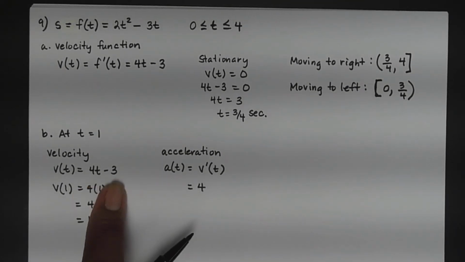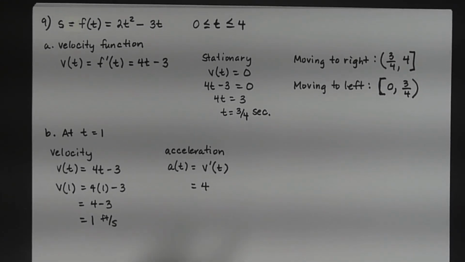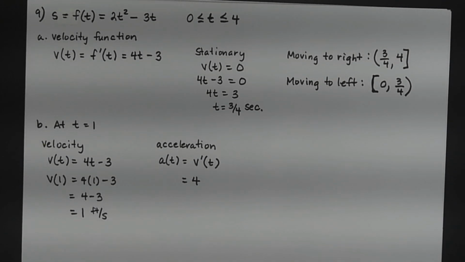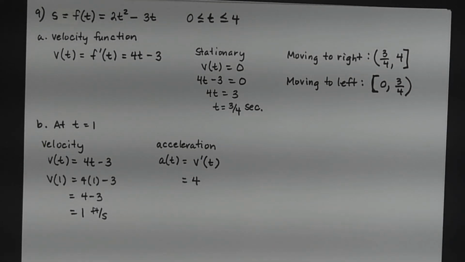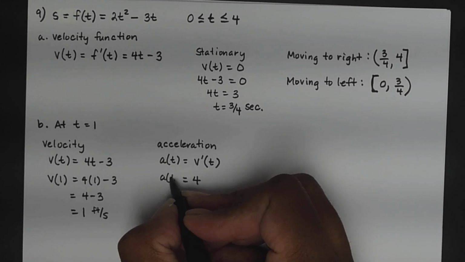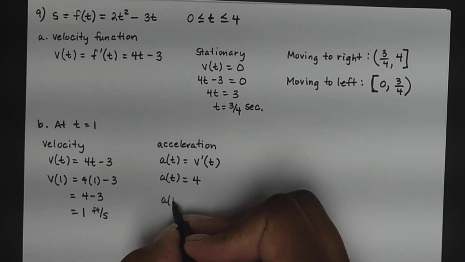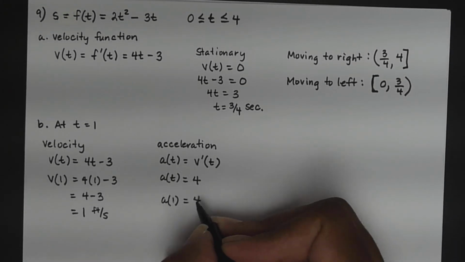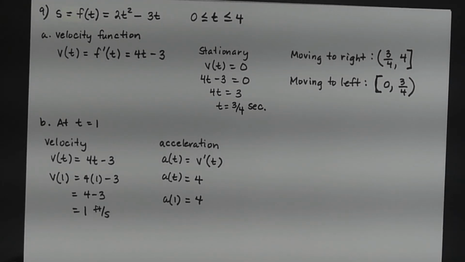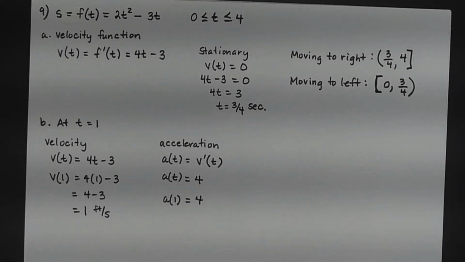Derivative of 4t is 4. The derivative of minus 3 is 0. So the acceleration a of t will have to be equal to 4. Now at t equal 1, a of 1, that's simple. It's just going to be 4. Okay, so that's part B.